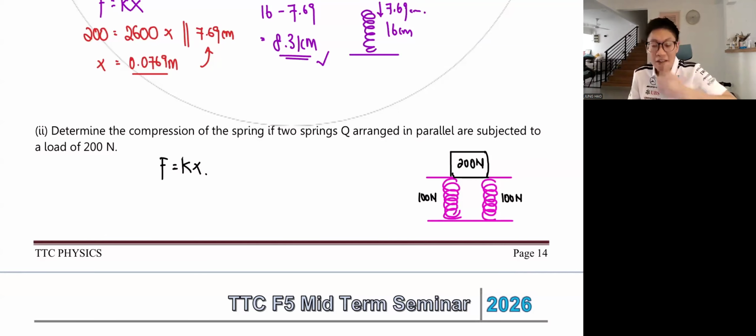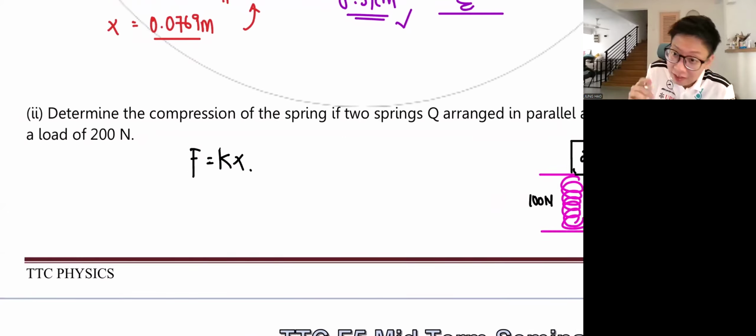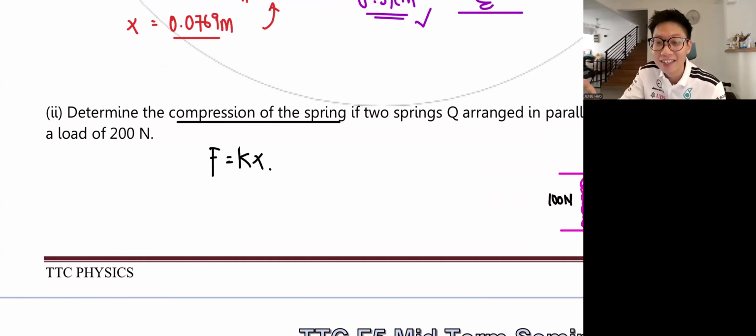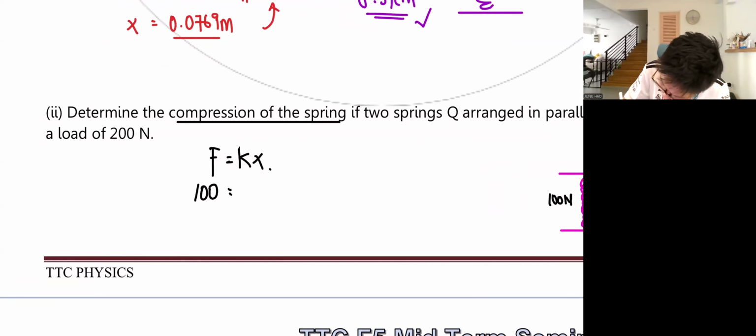Okay, so guys, what's the answer here? Okay, first of all, this is a trick question again. They are asking you the compression only, so you do not need to minus. So you just take 100 Newton. The spring constant is 2600x.